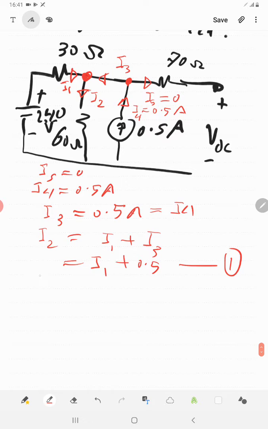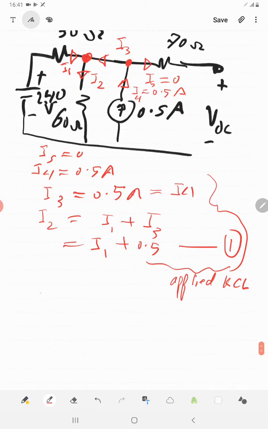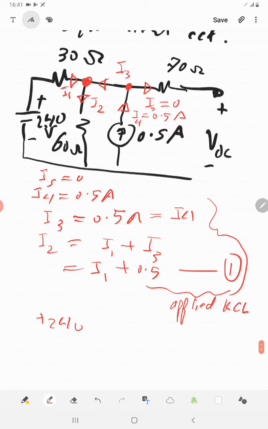Now, in all these equations, we applied KCL. Now we'll apply KVL: plus 240 minus 30 I1 minus 60 I2 equals 0.